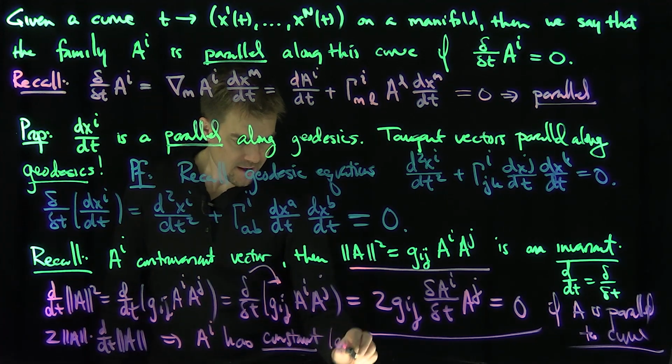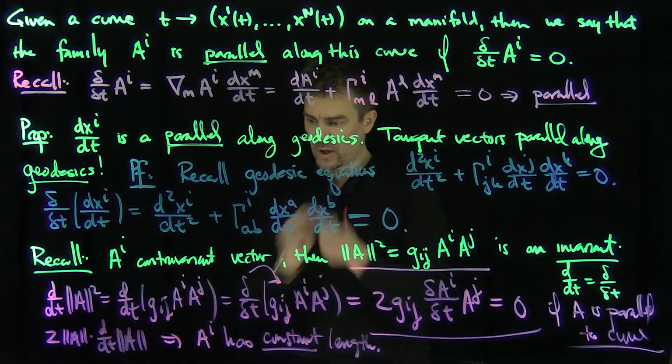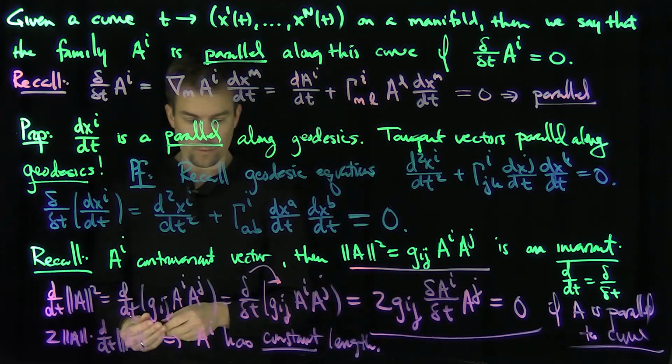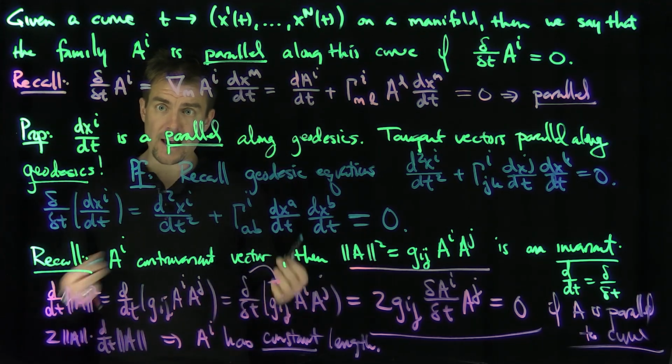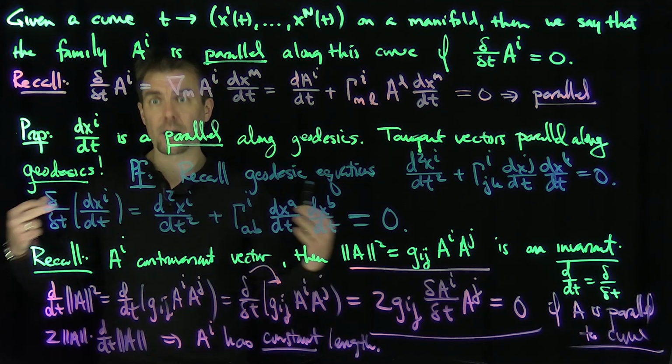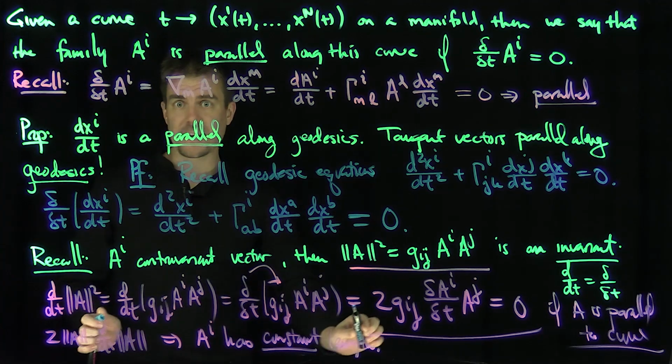By the same reasoning, if you have two parallel transported vectors, the angle between them is constant: I replace one A^i with B^j, and if B^j and A^i are parallel transported, the angle between them has to be constant by the same calculation.